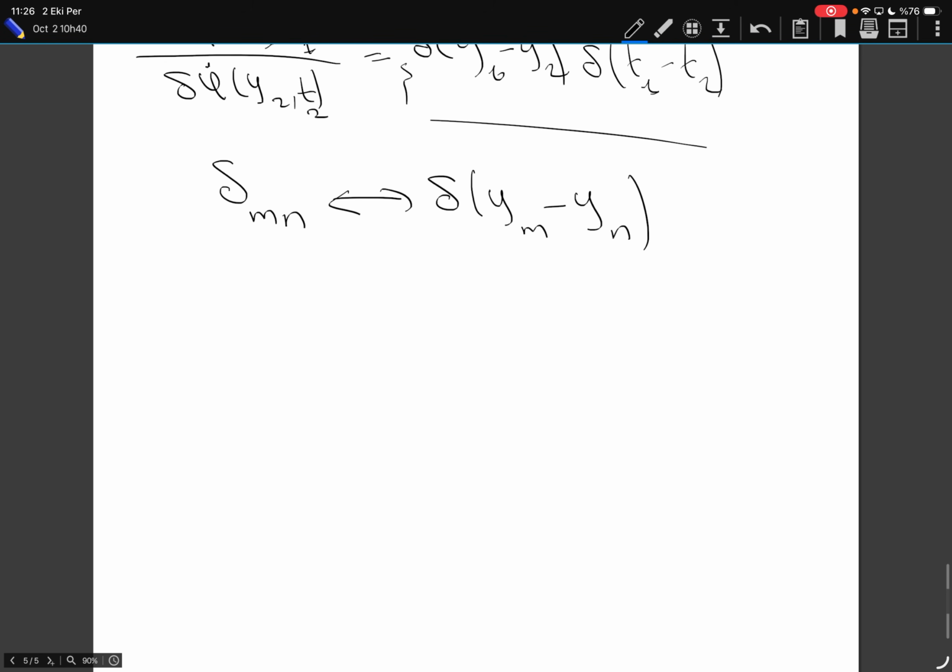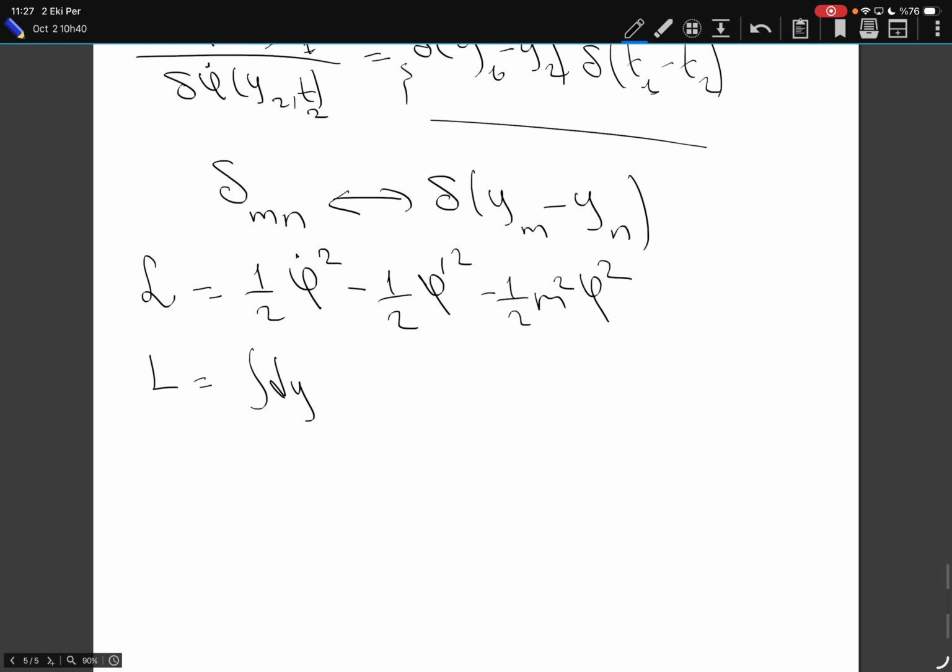What does this tell me? Okay, I have my Lagrangian. This is my Lagrangian density. If you like, the Lagrangian is just the integral of this. The momentum, I will use pi rather than p for momentum.